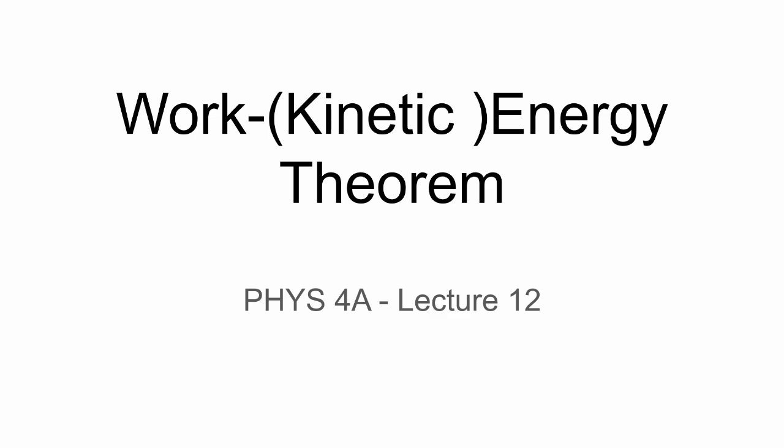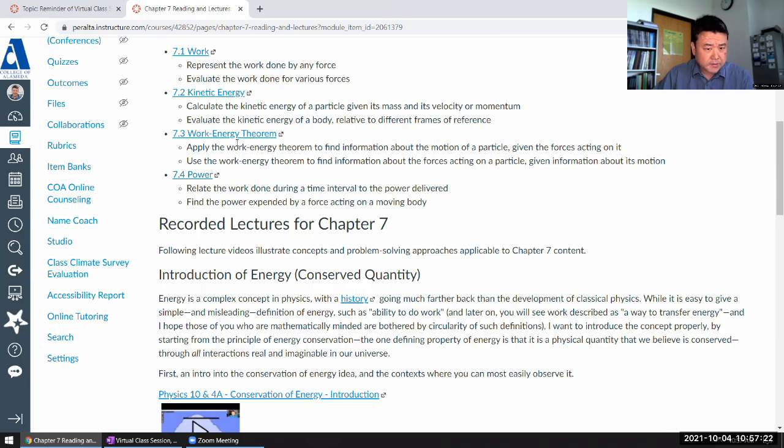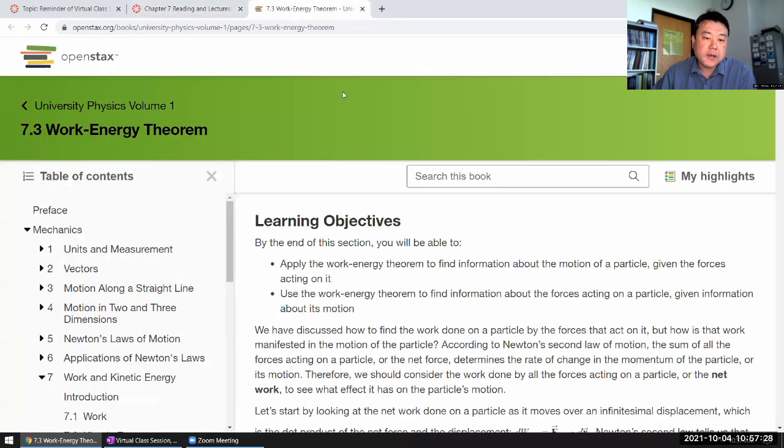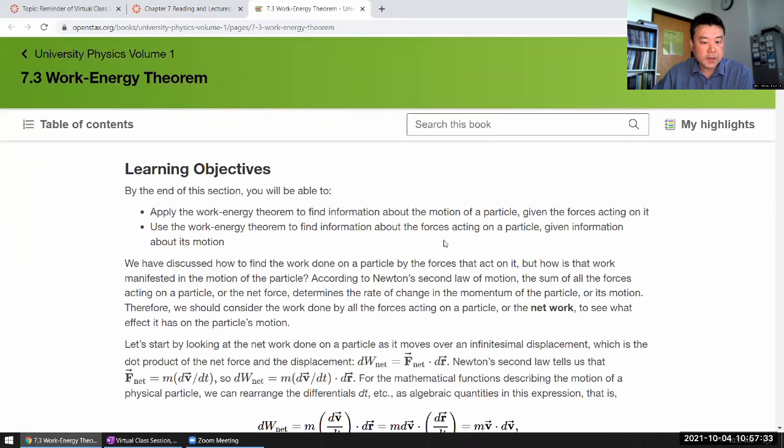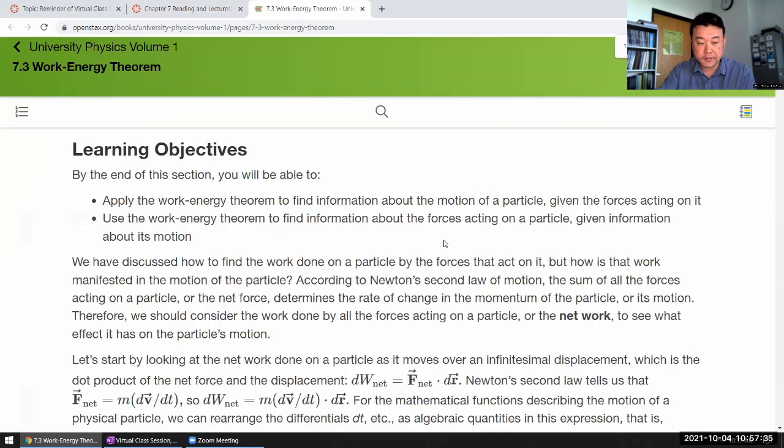The other thing is they keep saying energy theorem. It should really be work-kinetic energy theorem. It's one of the few mathematically rigorous things that you see in this class, and the hint that this is mathematically rigorous is that there's the word theorem, meaning it's something that's mathematically provable.